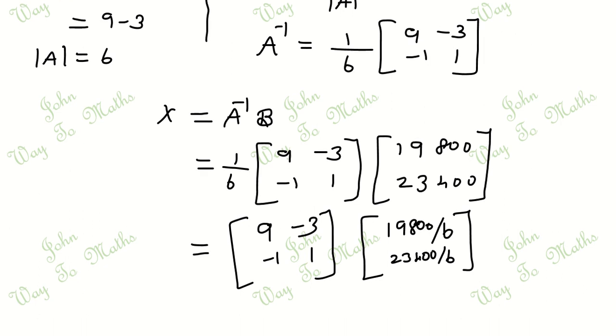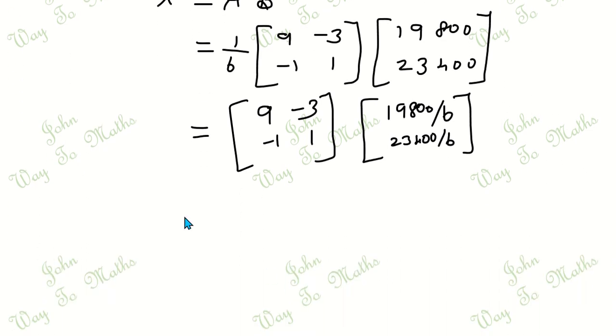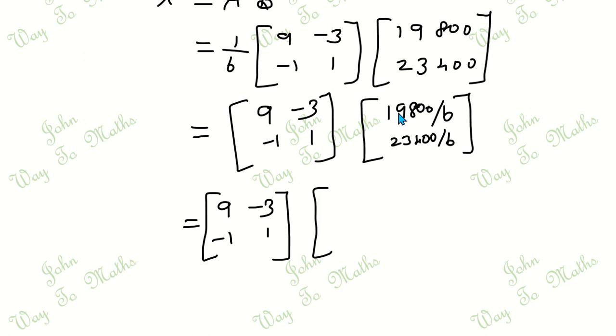So the first matrix becomes 9 minus 3 minus 1 1. Then I'm going to divide by 6. We get 3,300. Here 1 6 are 6. Here 3,900.